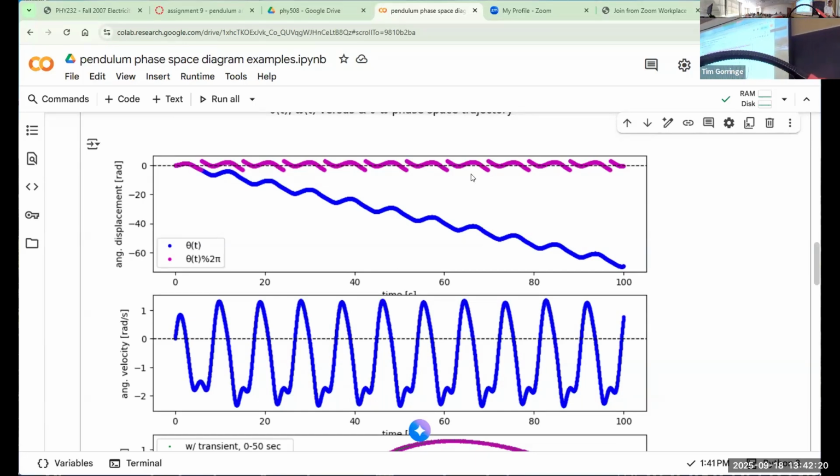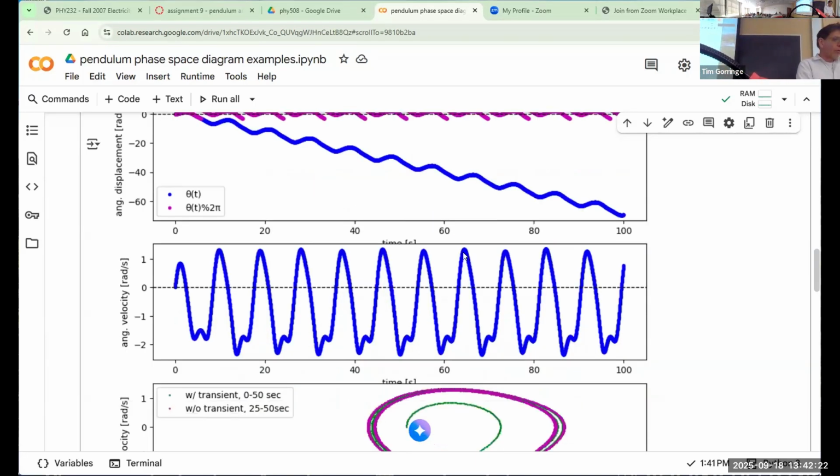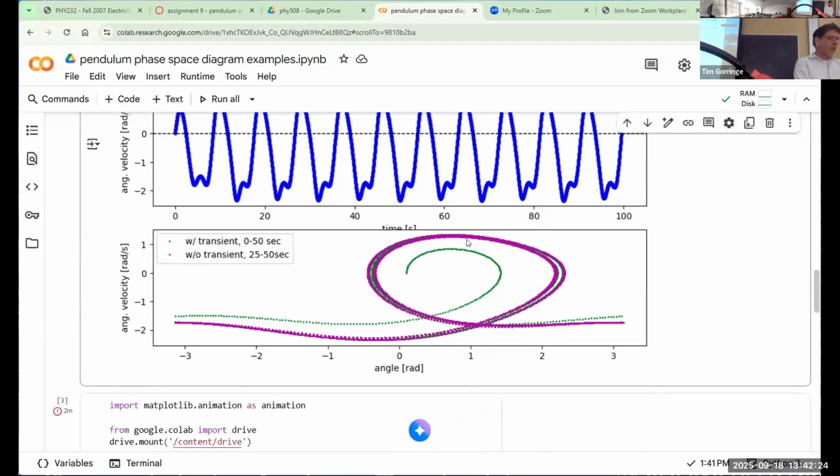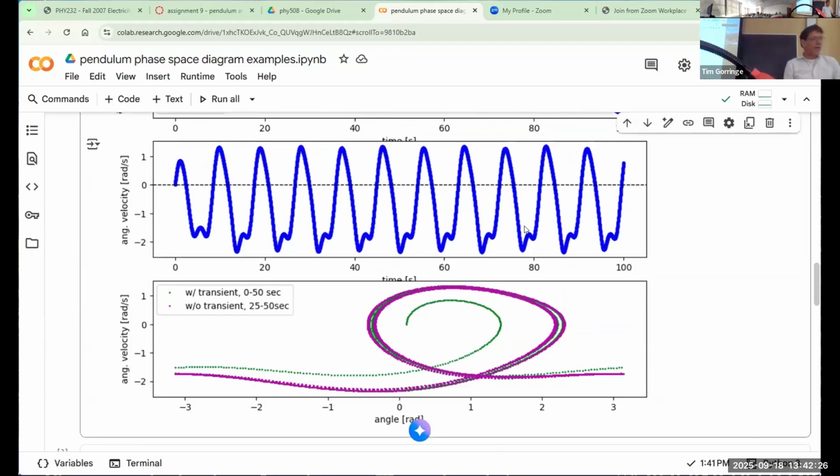It's a little hard to see on these plots, but it's much clearer on the phase space plot. That periodic motion in the steady state, which had the period of the driving period, has bifurcated into a periodic motion that has twice the period of the driving period.